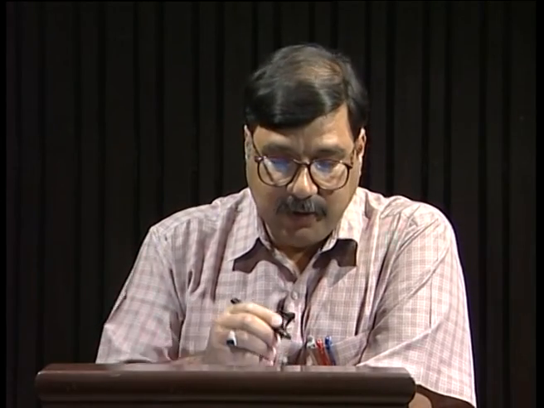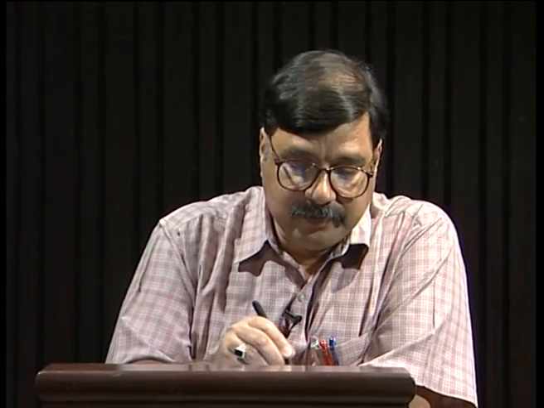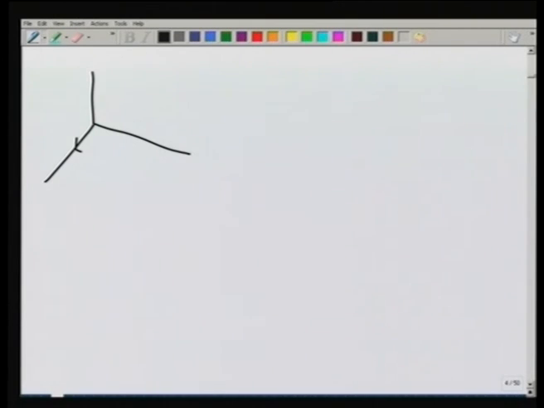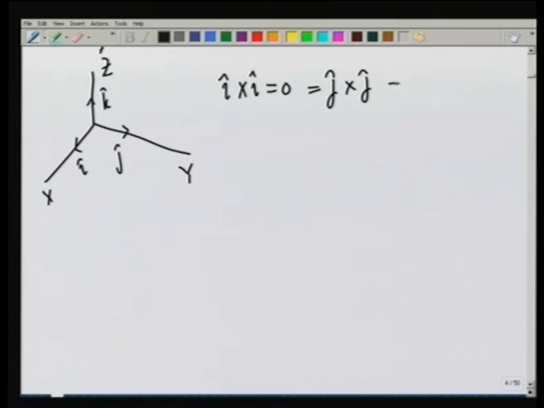In particular, if I look at the unit vectors i, j and k in x, y and z direction, then i cross i is 0 and so is j cross j, because the angle between them is 0 and so is k cross k.